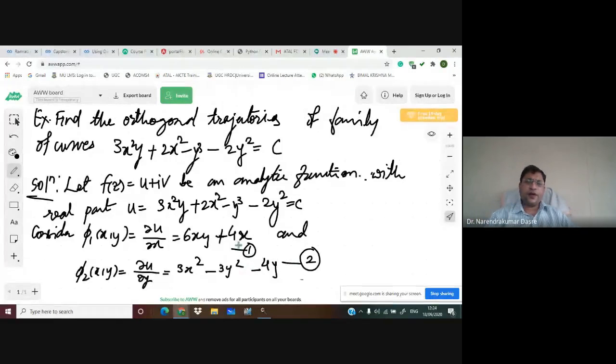Now if we want to find the analytic function using the Milne-Thompson method, here we have completed the first step. Here we have completed the second step. Now we have to go to the third step. What we have to do in the third step? We have to put x is equal to z and y is equal to 0. Okay.